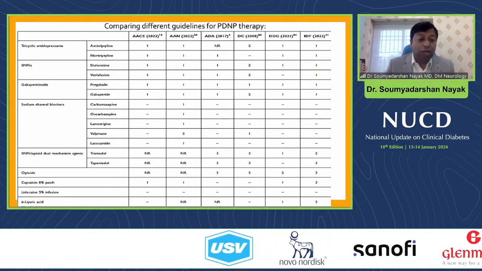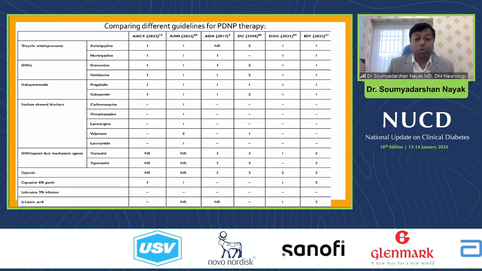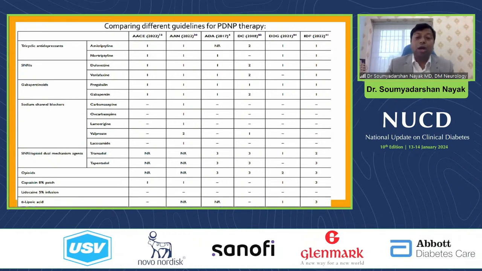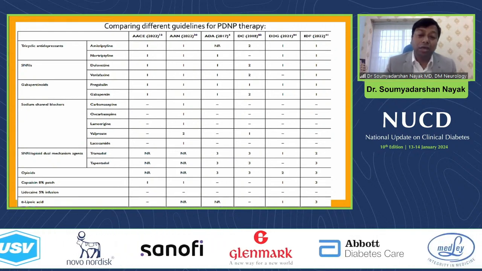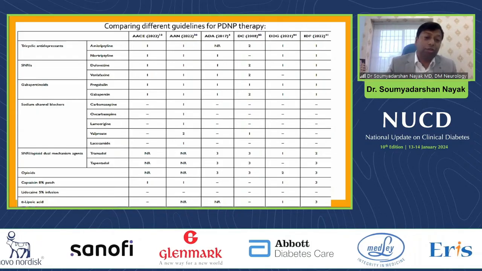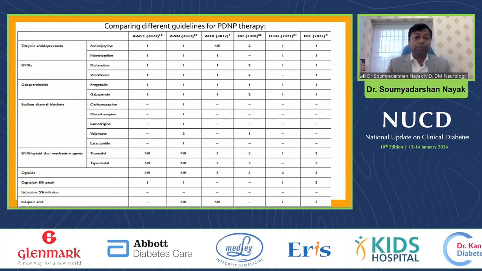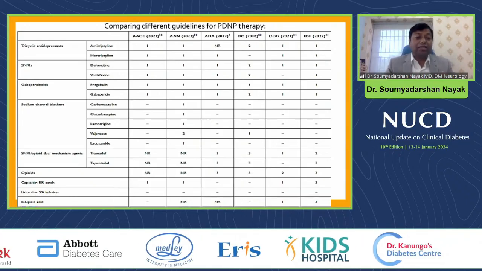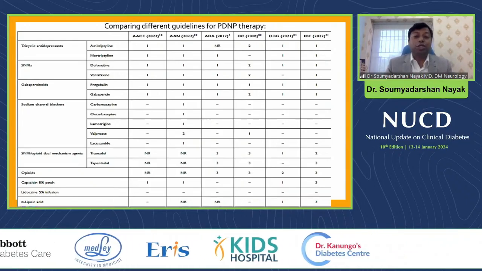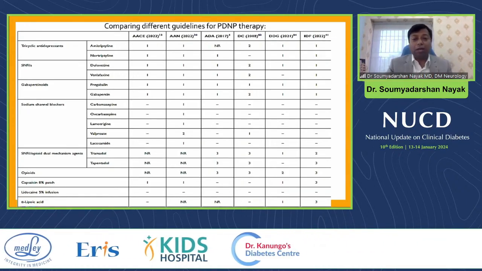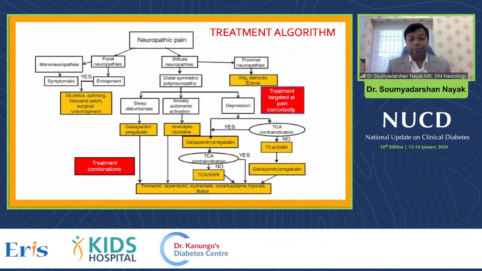Again, the dual mechanisms, opioids, tramadol, tapentadol, are recommended as third-line medications for diabetic painful neuropathy. Tricyclics, SNRIs, gabapentinoids are always first line in the treatment.